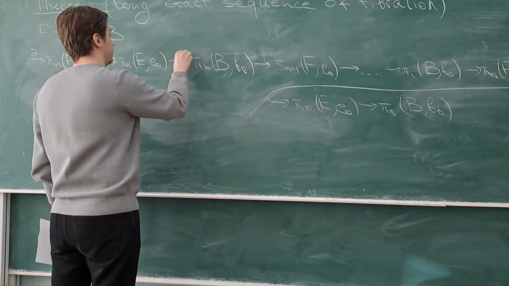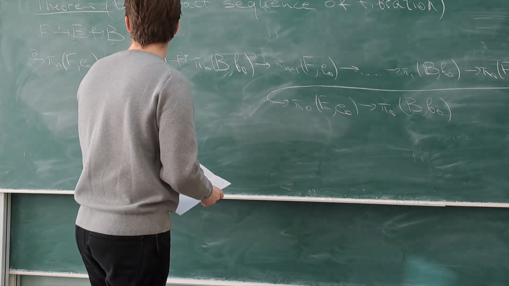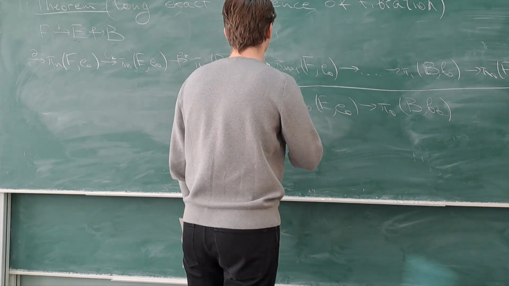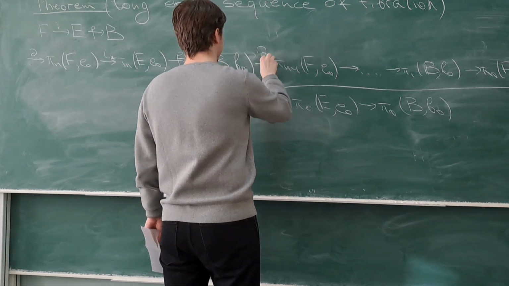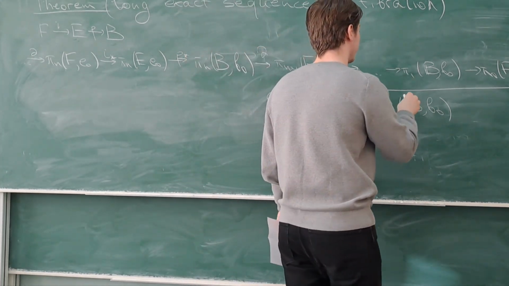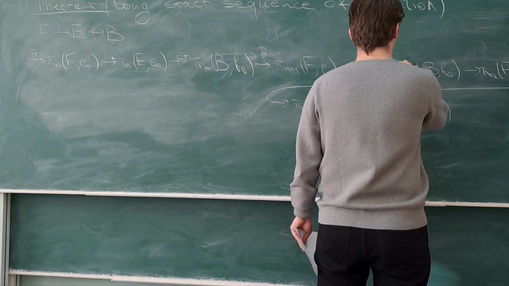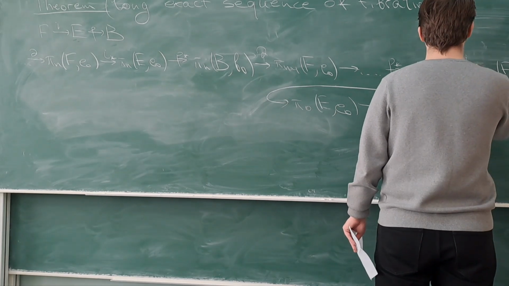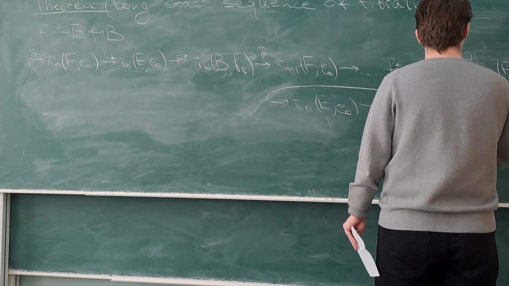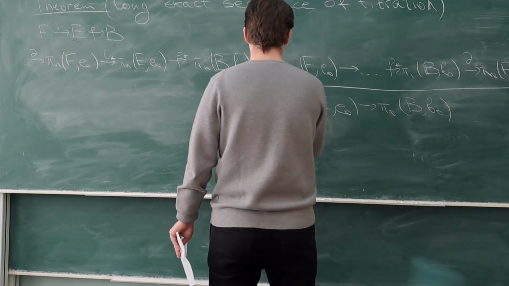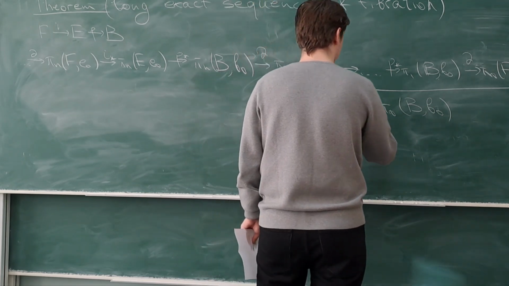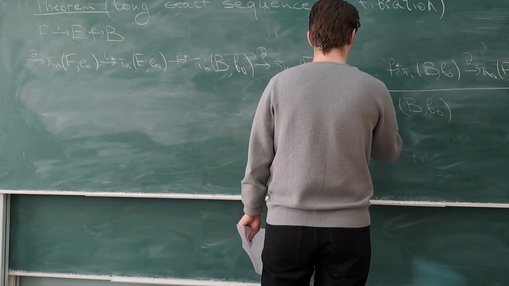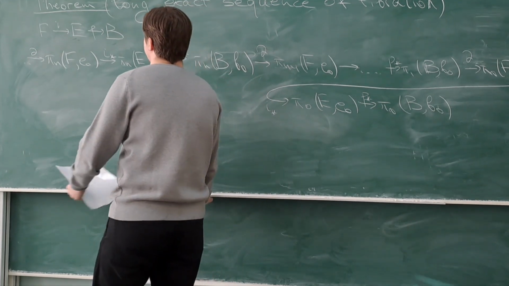This map is given by your fibration. Here is some boundary morphism. So, and here also. Oh, sorry. The boundary is just, and this is induced by P. So, okay, the proof.